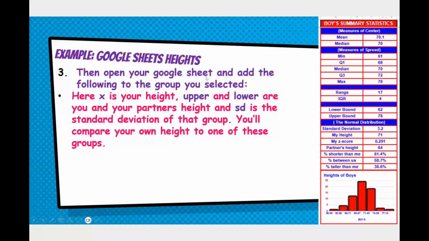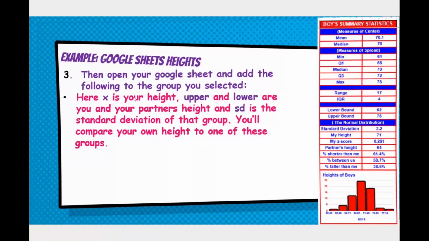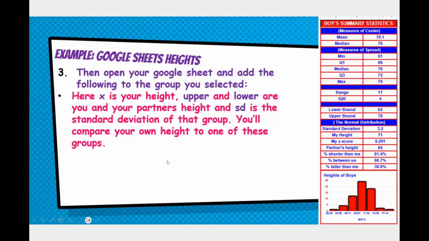Then we're going to open our Google Sheets and add the following to the group you selected. Here, X is considered, I don't even have the formula up yet. Okay, I'm going to give you a formula here in a second. X is your height, upper and lower are you and your partner's height, and SD is the standard deviation of that group. I'm telling you this because that's part of the formula we're going to use to figure out these probabilities.